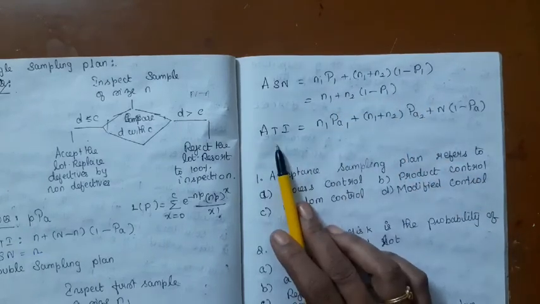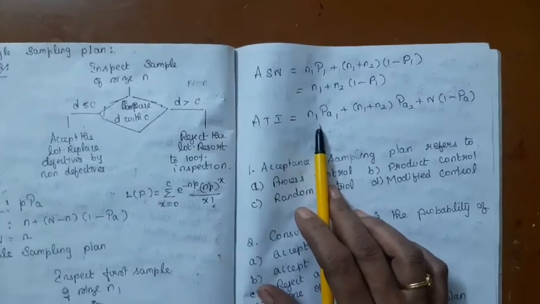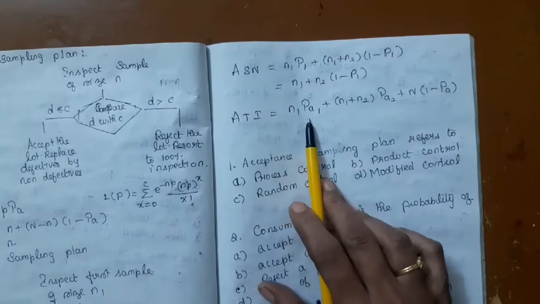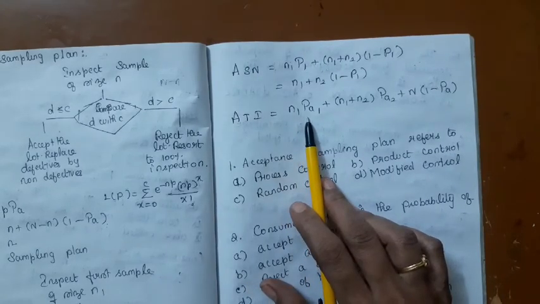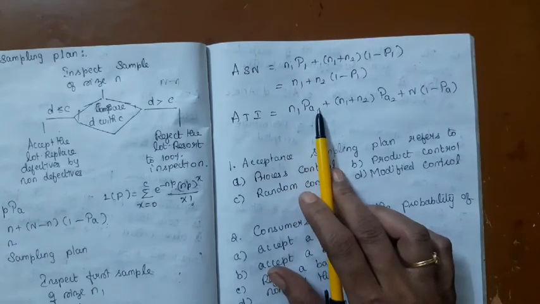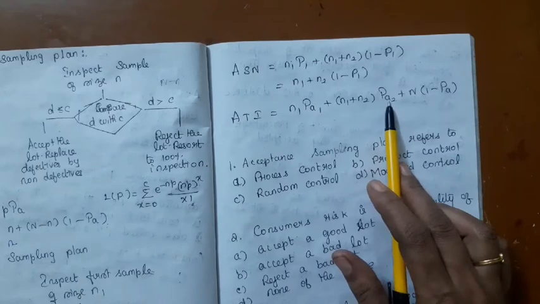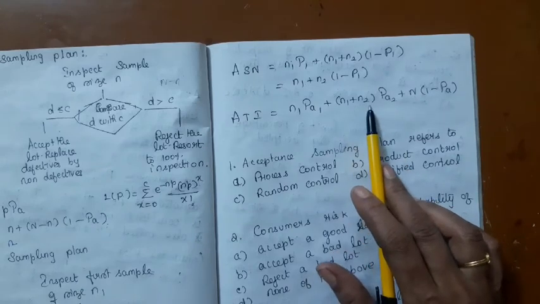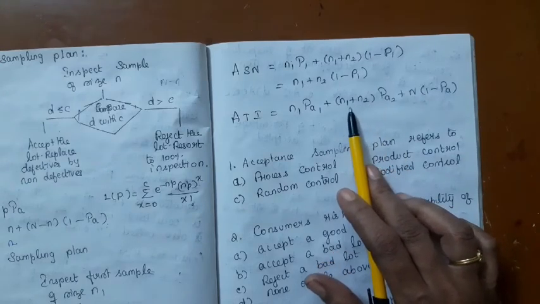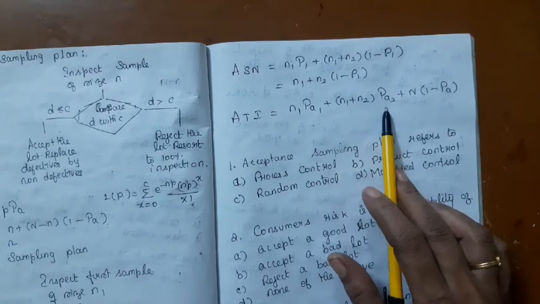And the average total inspection: you are taking N1 units in the first step. If you are accepting the lot, the N1 units alone are taken. And if you are not able to make a decision, you are taking another N2 units. In that case, the sample size would be N1 plus N2 and the probability for it is PA2.